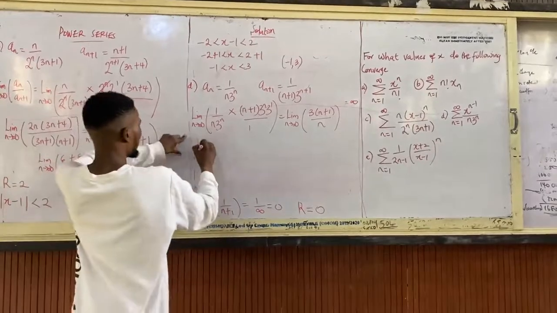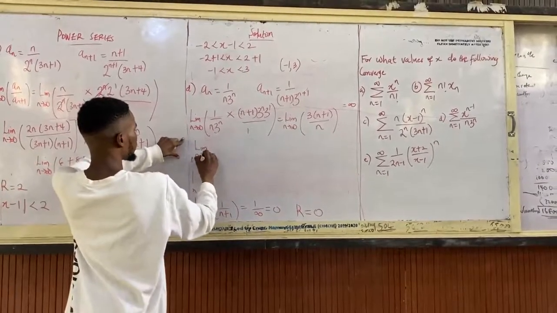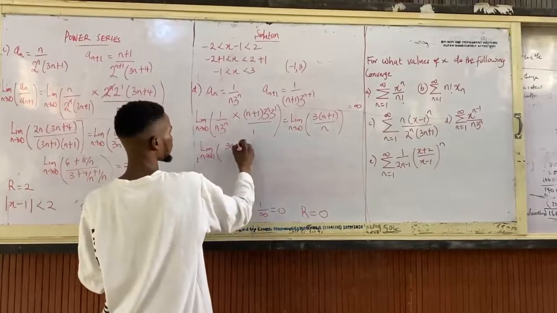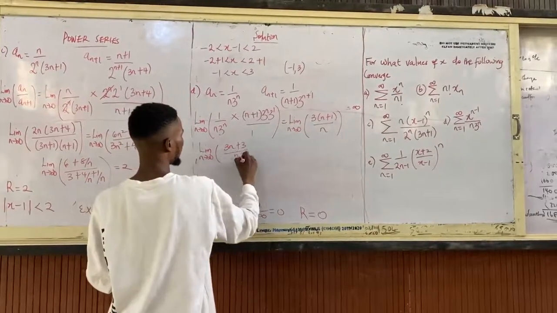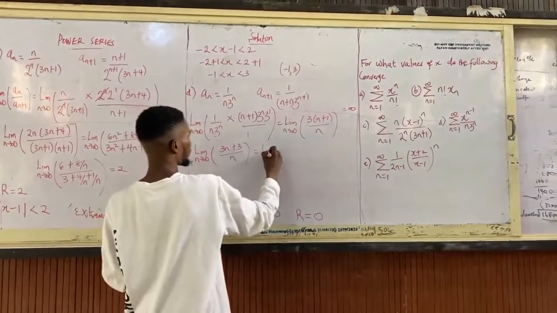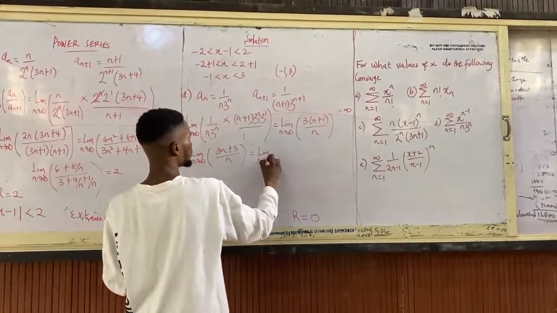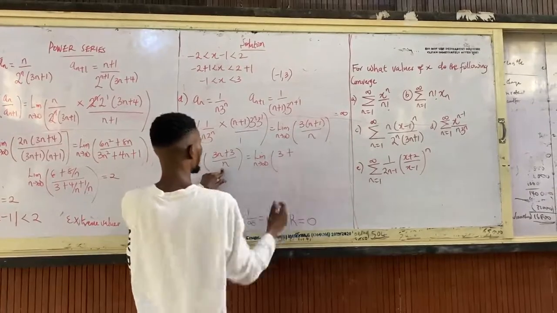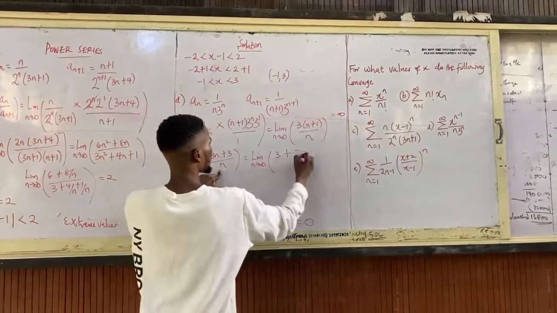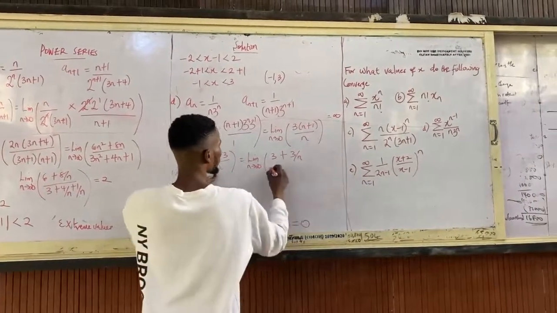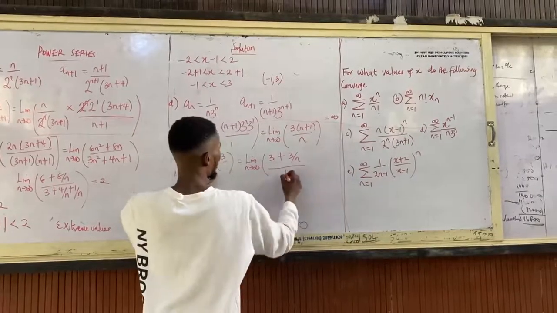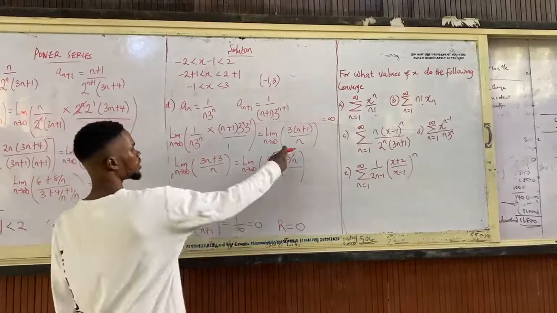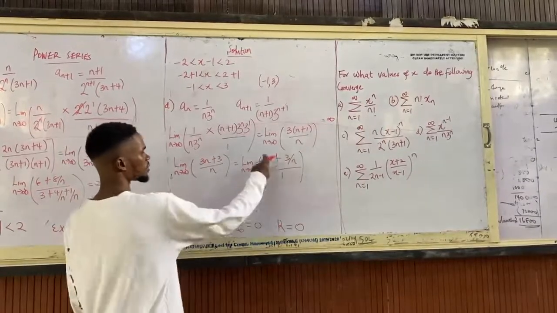Now let's take the limit of this. That's 3n plus 3 all over n. So we divide all through by n. That's 3 plus 3 over n, over n over n. So 3 over infinity is 0, and n over n is 1, so we get 3.